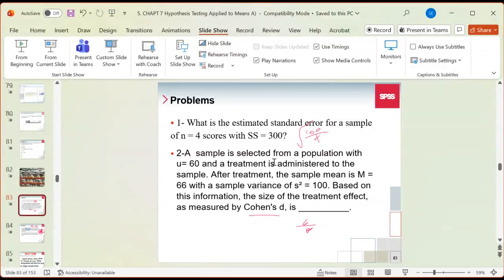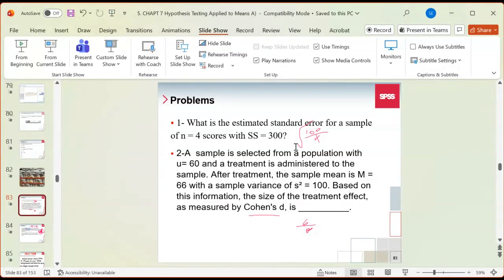That would be 300 divided by 3, df will be 3, and that gives you 100. That's your variance, and n is 4. So again, the formula for the estimated standard error is the square root of variance over n.